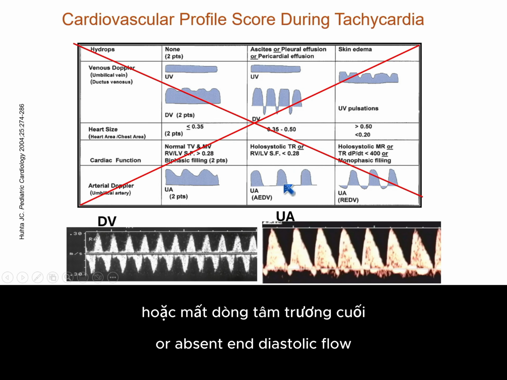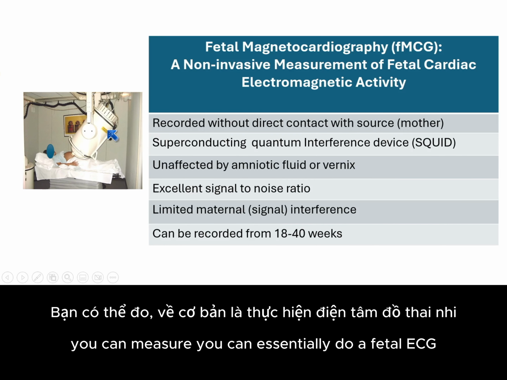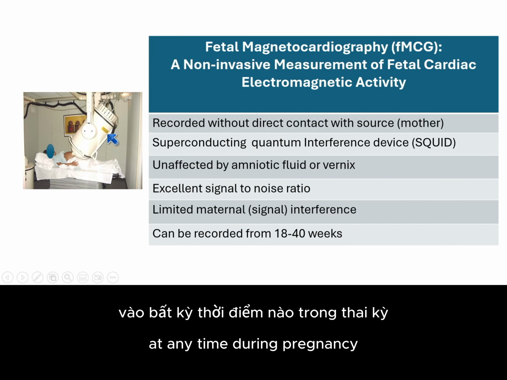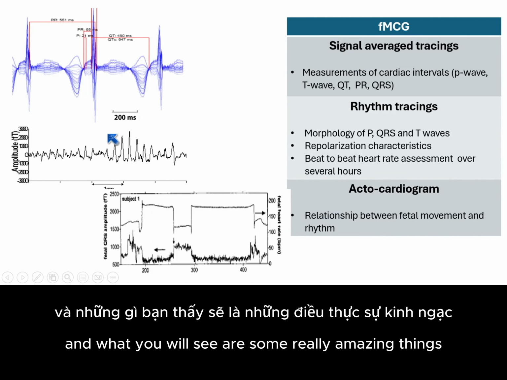The last way to really assess fetal rhythm, which I wish we had more of these, is by fetal magnetocardiography. This is a device that's recorded without direct contact with the mother. This big thing here is a SQUID device, standing for a superconducting quantum interference device. You can essentially do a fetal ECG at any time during pregnancy, and what you will see are some really amazing things.